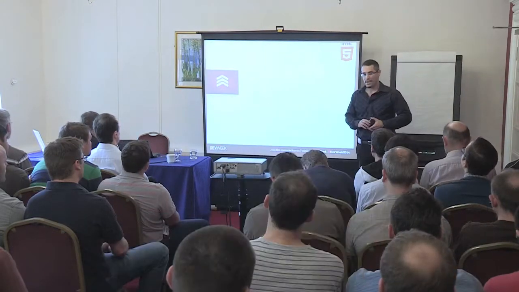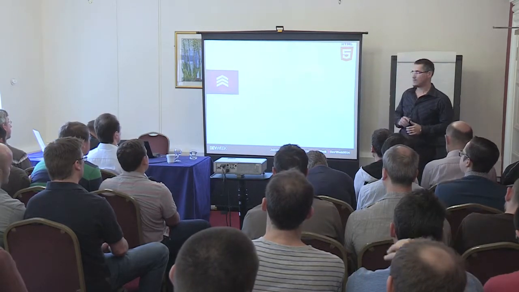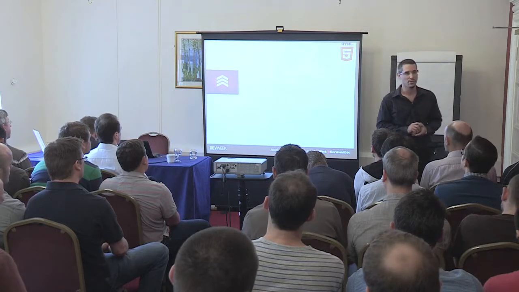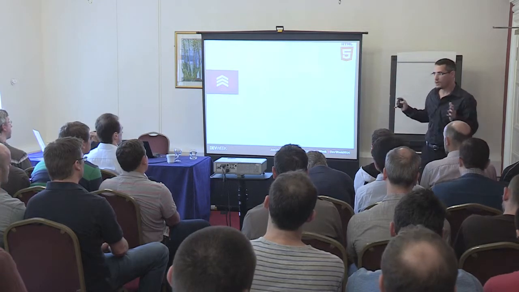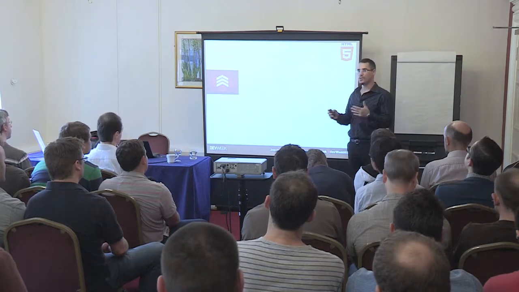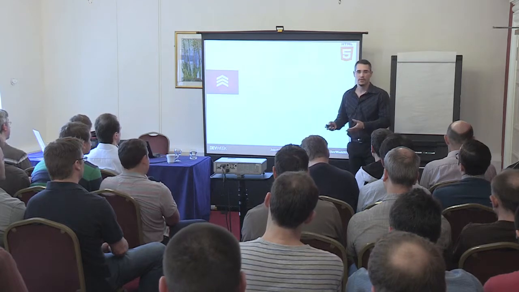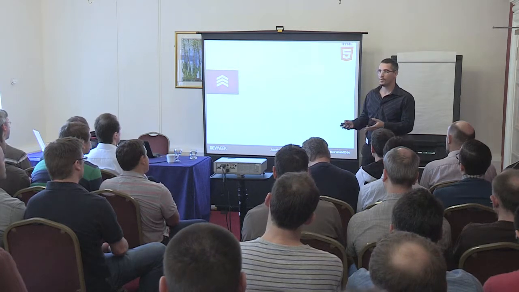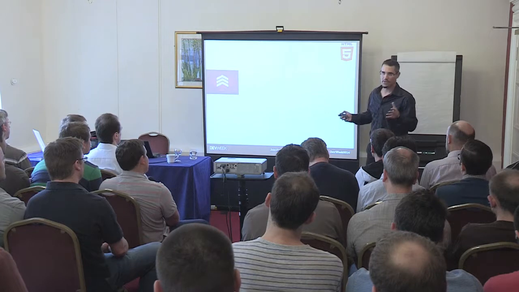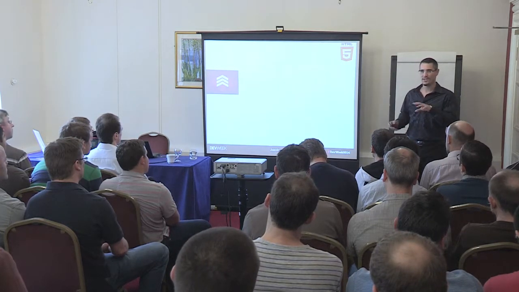So what does HTML5 include? The first thing you can see here is semantics. We have new elements. We have structure elements. We have new inline elements. We have elements that help you to build the web page more accurately, more expressively, without those div elements all over the place. You know, div.